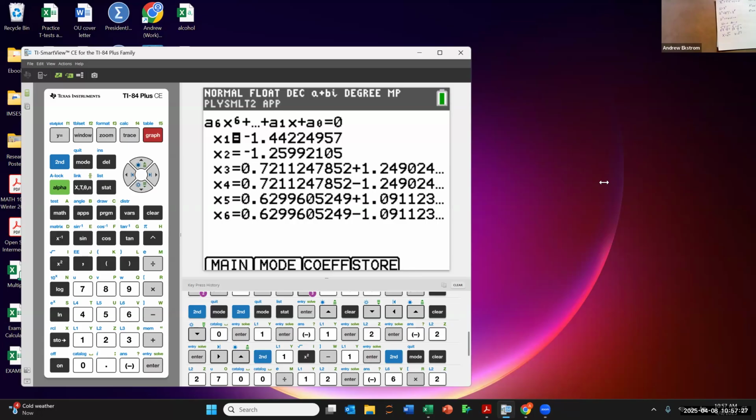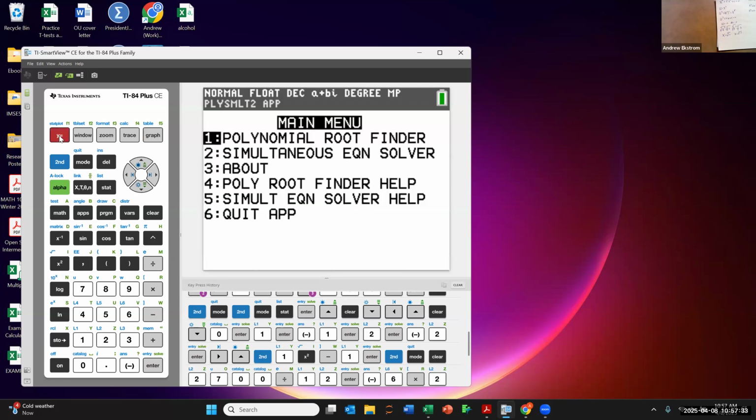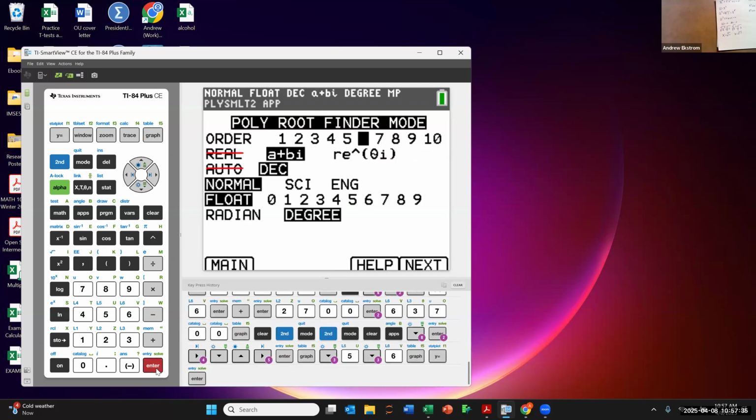There should also be an ability to see this differently. If I go to the main thing, it's automatically giving you everything in decimals here. So it's not giving you a chance to look at decimals versus fractions. But you can at least get an idea of what the answers are going to be, and know that there are going to be a couple of complex answers in that solution.